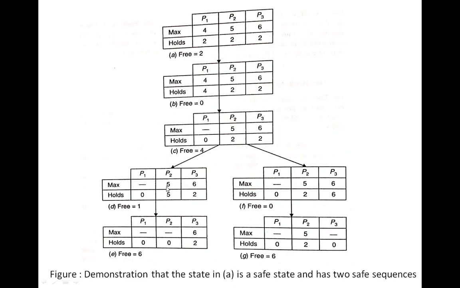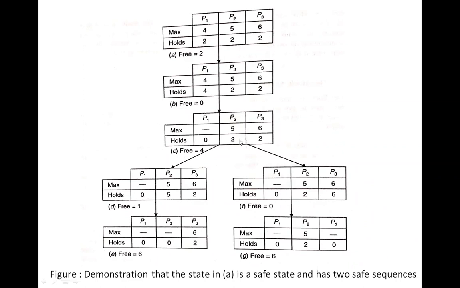Now P2 is holding 5, and we still have 1 free. When P2 completes its job, it holds nothing, and all 6 units will be free, and the 4 more units that P3 requires can be given to it. So it is not creating a deadlock.